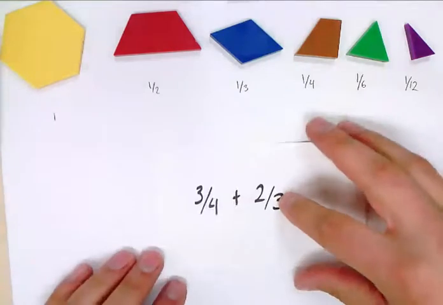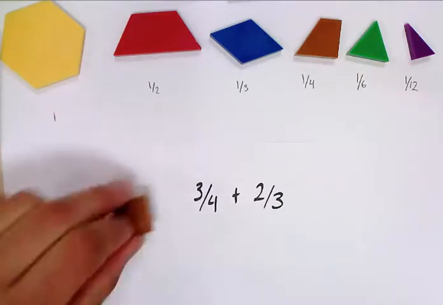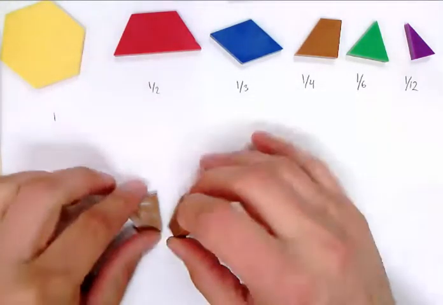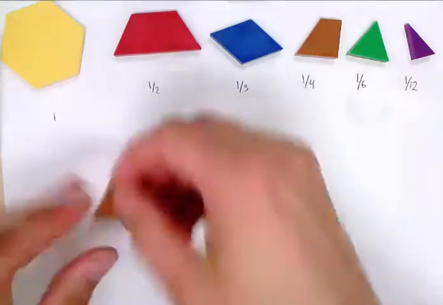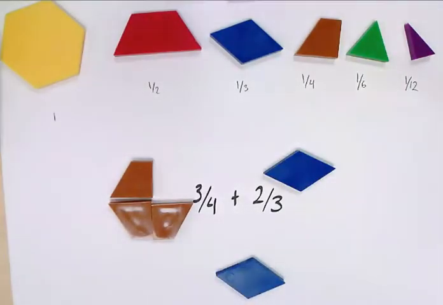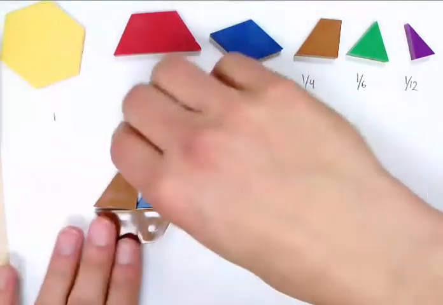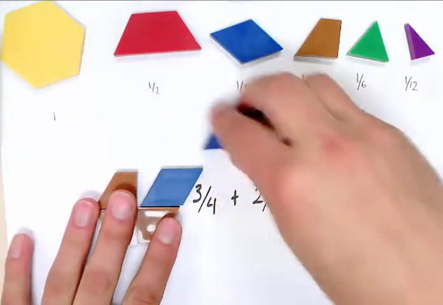In this one here, I'm going to have 3/4 plus 2/3. So we have 3/4, and we are going to add 2/3. We have 2/3 there. Now, here's the problem. I look at this, I put this in there, nope, doesn't fit.